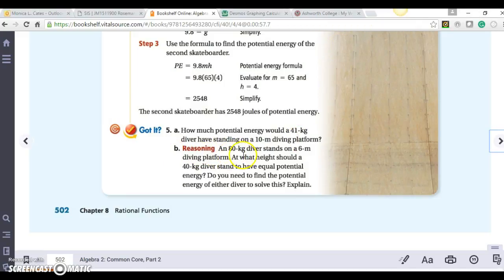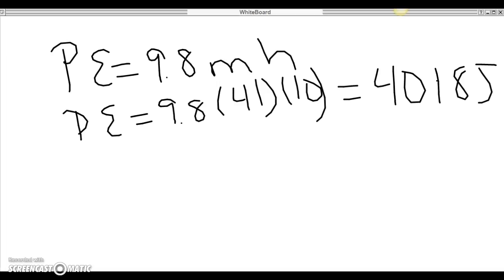All right, so here we have reasoning. It says, an 8 kilogram diver stands on a 6 meter diving board. At what height should a 40 kilogram diver stand to have equal potential energy? Do you need to find potential energy of either diver to solve this? Explain. So let's write down what we have. We have the potential energy of one diver.